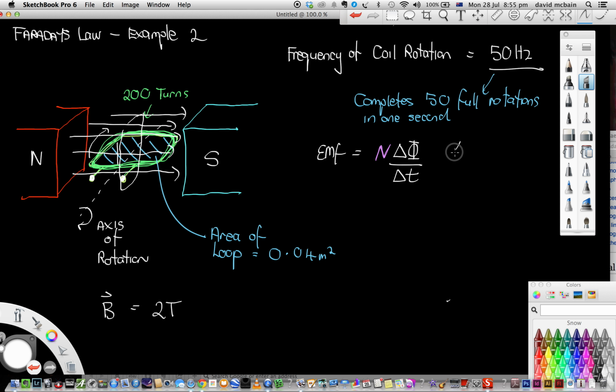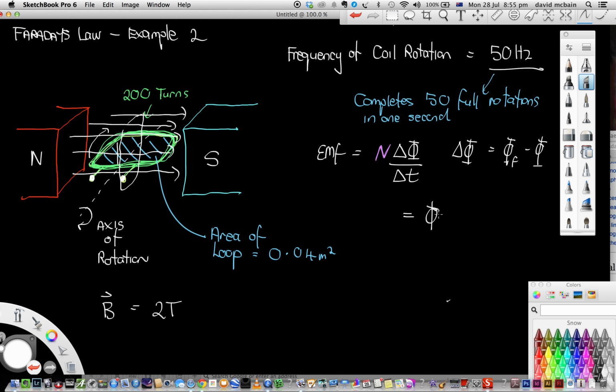So our change in flux, remember, equals the final minus the initial. And so that will be the maximum and the minimum flux. So in this case, we need to know what the flux is when it's at a minimum. Well, we know that it's zero.